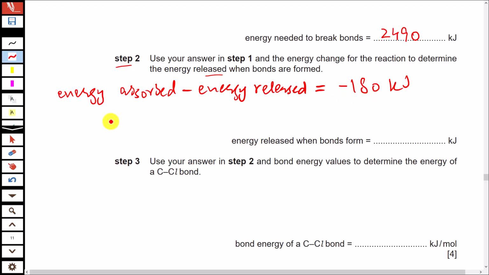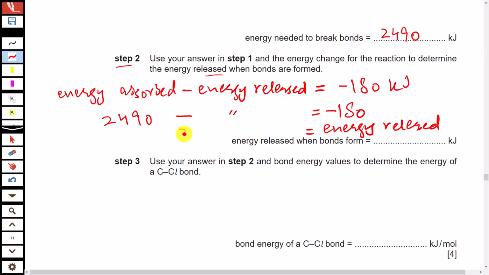So energy absorbed is 2490 and we have to calculate the energy released. Rearrange this. Energy released will be equal to 2490 plus 180, and that equals 2670 kilojoule.